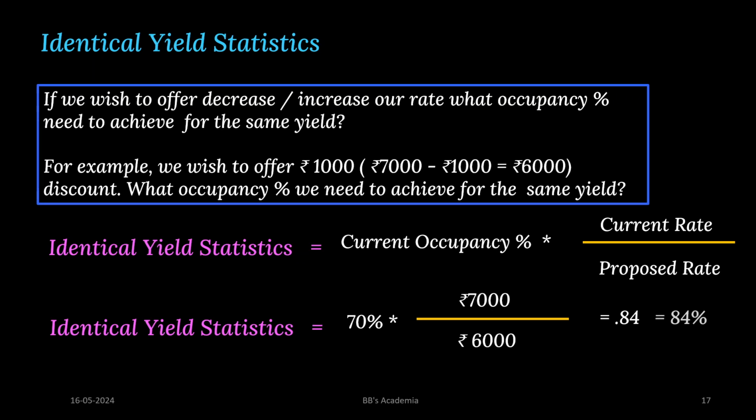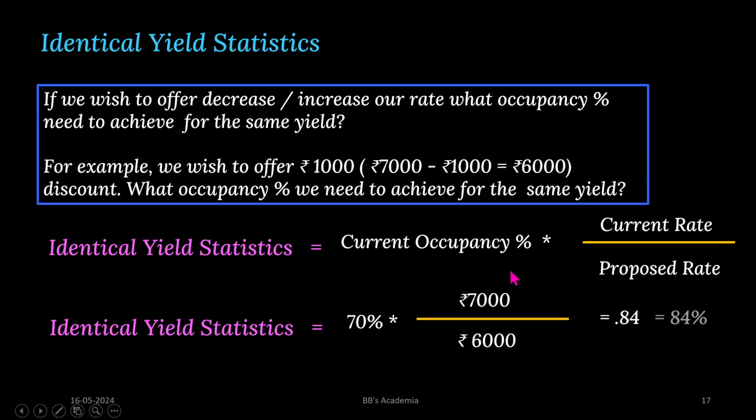You got my point? If you want to offer a discount of 1,000 rupees out of the same situation, and if your management told that we want to have the same yield, we are not going to suffer by losing the yield, then what should be our occupancy? That's why we ask what occupancy percentage we need to achieve for the same yield.